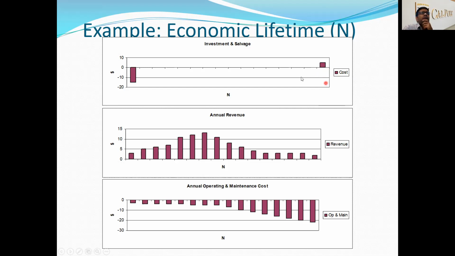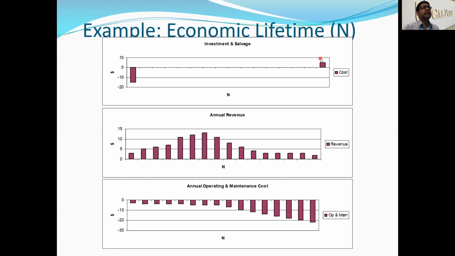But I'm also telling you that there is an initial cost, which is below the axis, negative value cost. That's great. What about this number right here? How come there is a cost that's above the axis? What does that mean? You probably recall that discussion maybe from your 321, and that's my question for you. How come something that I'm identifying as a cost is showing up above the axis?